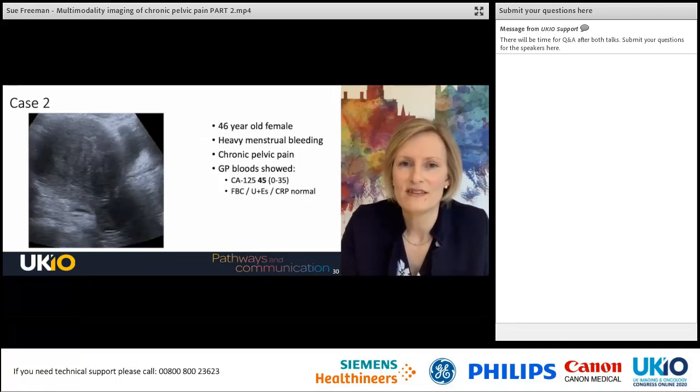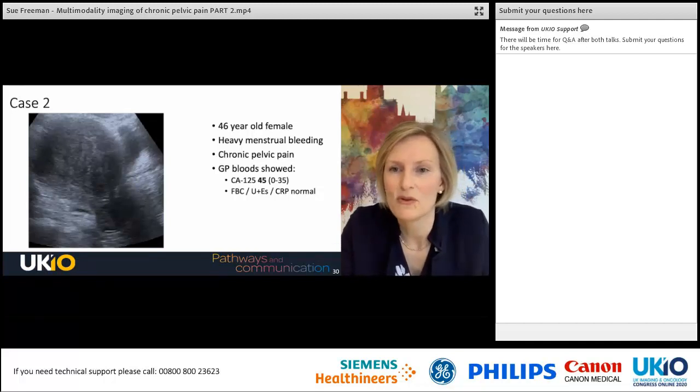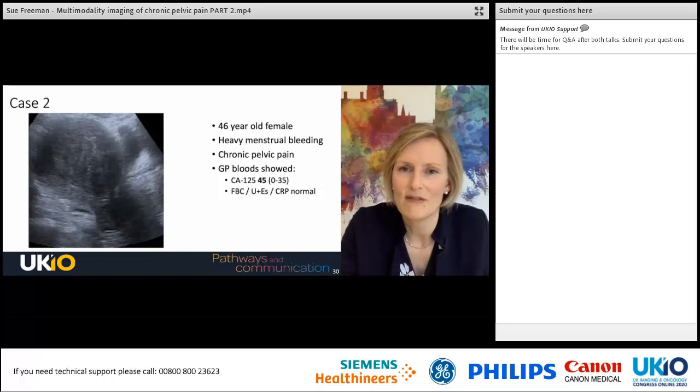This is a 46-year-old female who presented with heavy menstrual bleeding and chronic pelvic pain. Her GP had sent her CA125, which came back as slightly raised at 45. So she came for an ultrasound and said that she'd previously been told that she had fibroids. And this is the first transabdominal ultrasound of the uterine body.